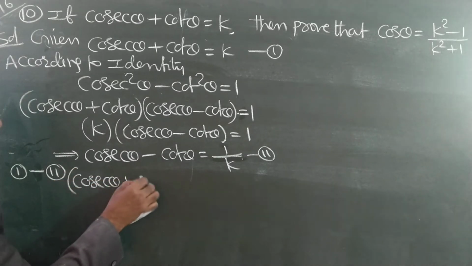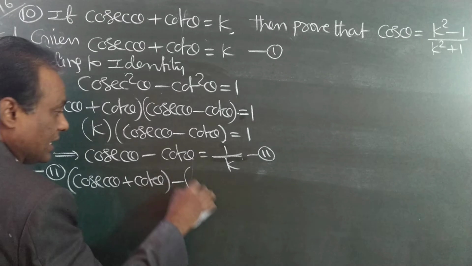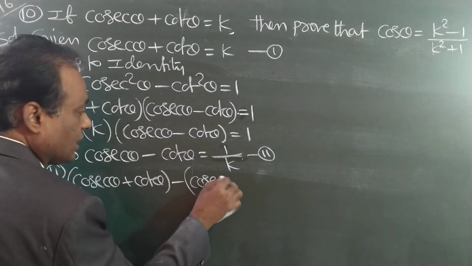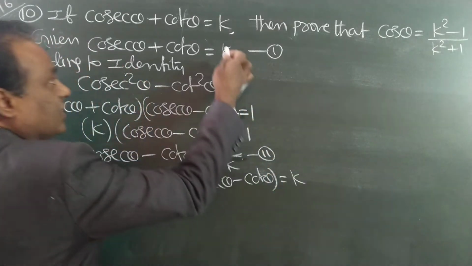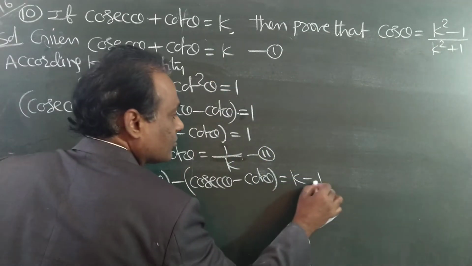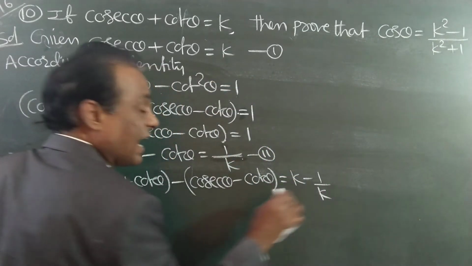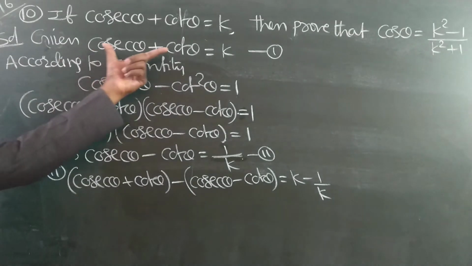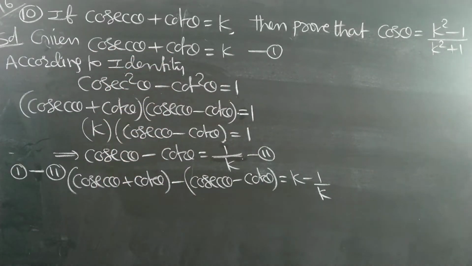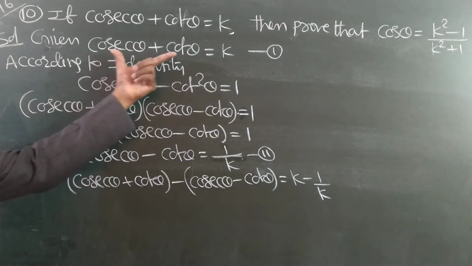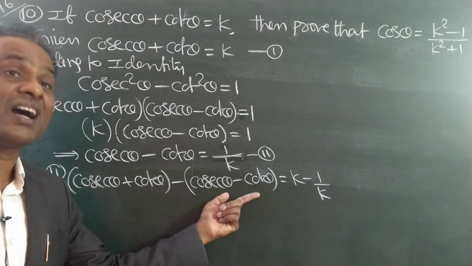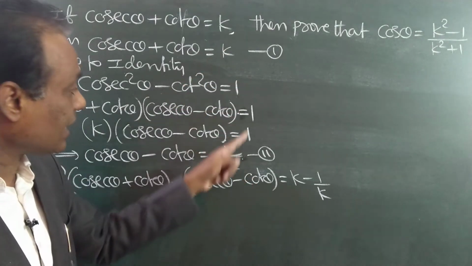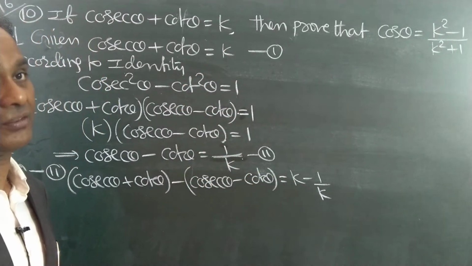Cosecant theta plus cot theta minus cosecant theta minus cot theta. On the right side this is k minus 1 by k. Subtraction.